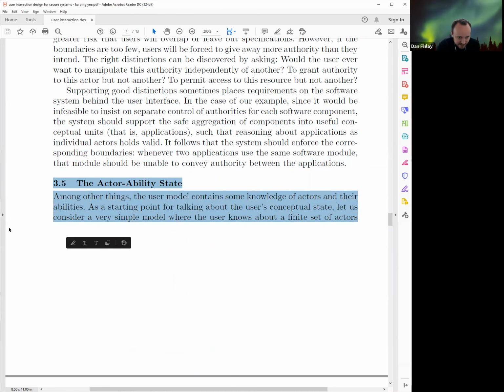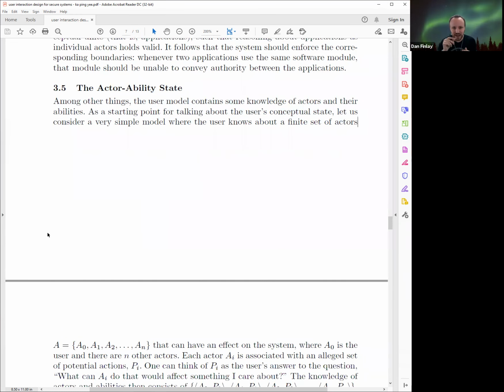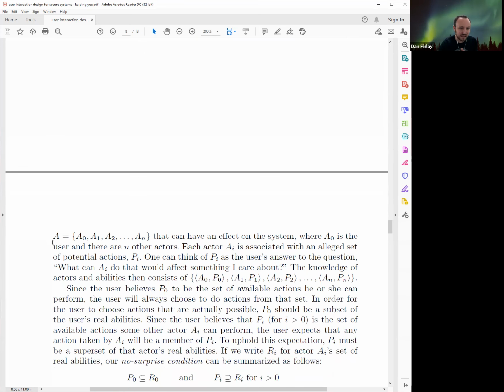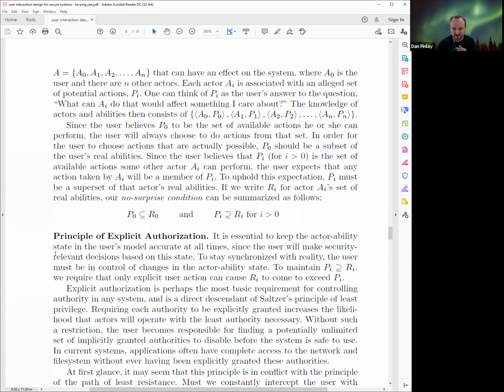The actor ability state. Among other things, the user model contains some knowledge of actors and their abilities. As a starting point for talking about the user's conceptual state, let us consider a very simple model where the user knows about a finite set of actors, actors 0, 1, 2, etc. They can have an effect on the system, where the first actor is the user and there are n other actors.